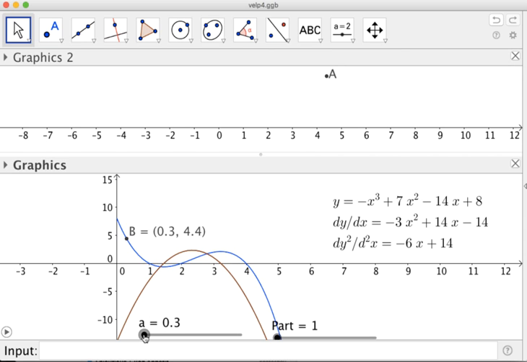As we change the value of t, we can see that the particle is moving first in a negative direction, then in a positive direction, then a negative direction, and then continues moving in a negative direction.